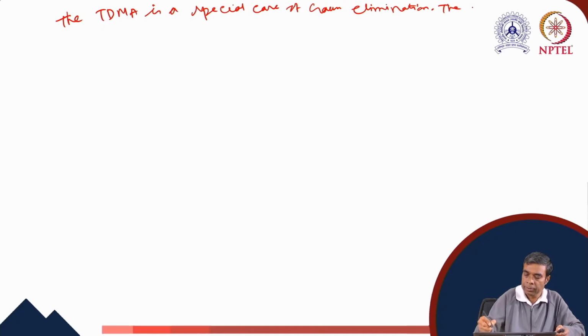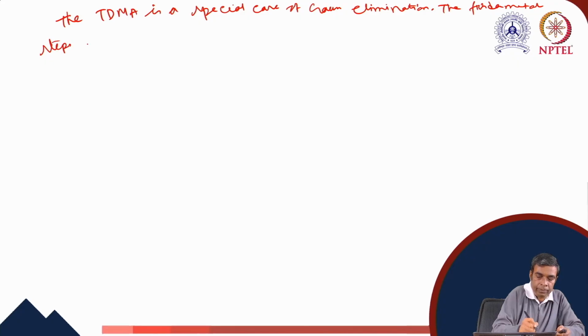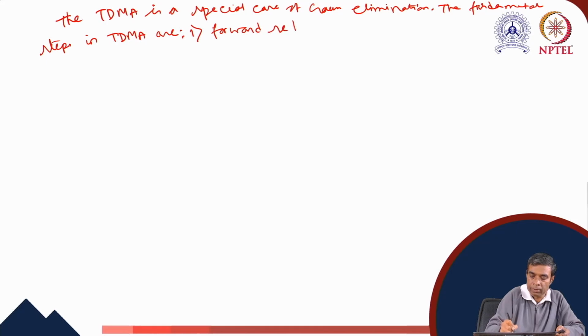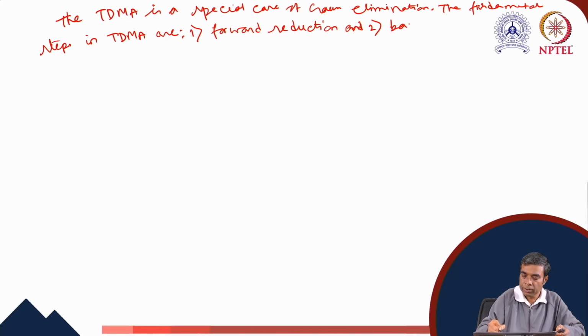The fundamental steps in TDMA are: number one is the forward reduction, and number two is the back substitution.